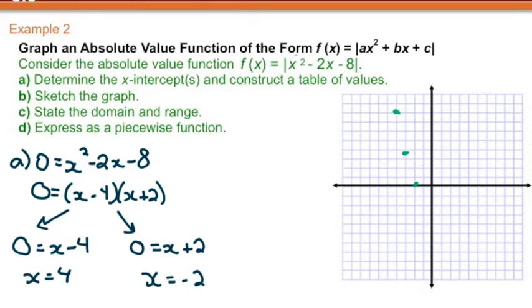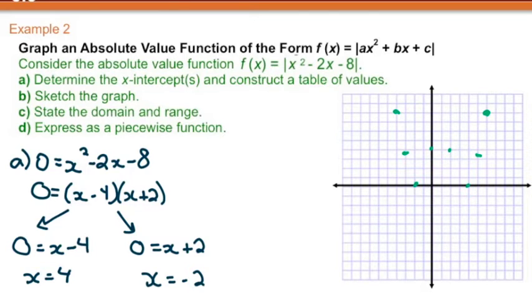X-intercept at negative 2. At 0, we had 8. At 2, we also had 8. X-intercept at 4. Got a point at 5, 7. And 6, 16.